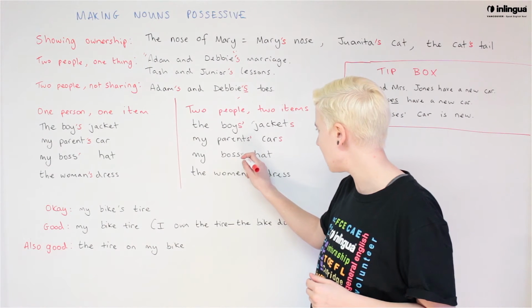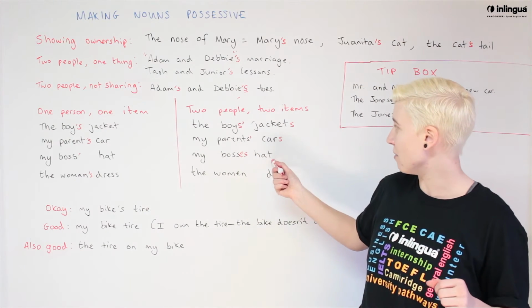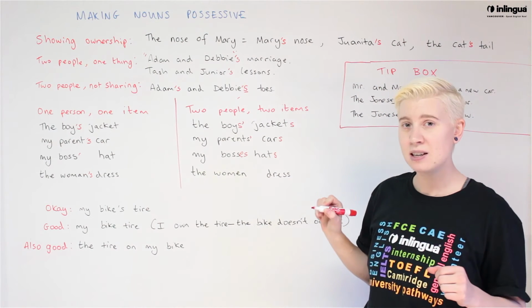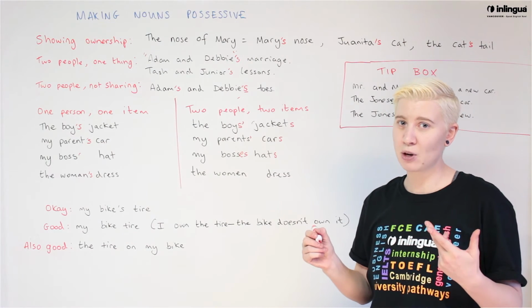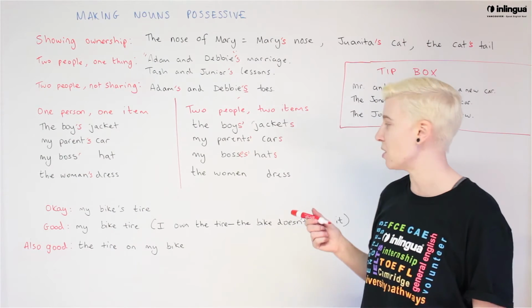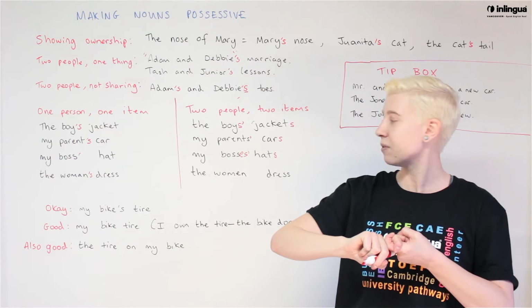That's going to be an ES. My bosses, two people. And we've only got one hat, and we need two. My bosses' hats. And then we need to make it possessive. Where does the apostrophe go? Just on the outside there. My bosses' hats. Two bosses, two hats, possessive.